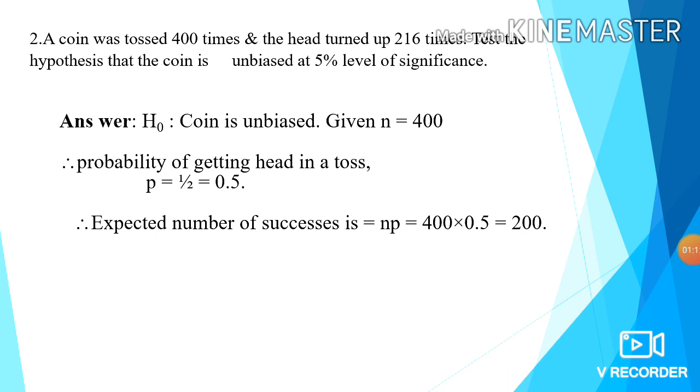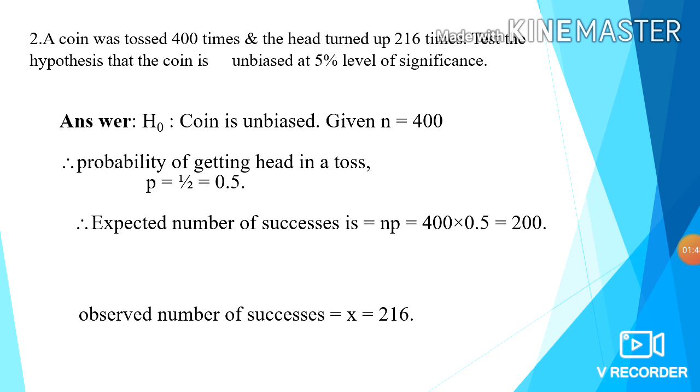So the expected number of success is n into P. Mu is n into P, so it is 200. The observed value of success is 216. Expected mu covers all the trials we are considering.